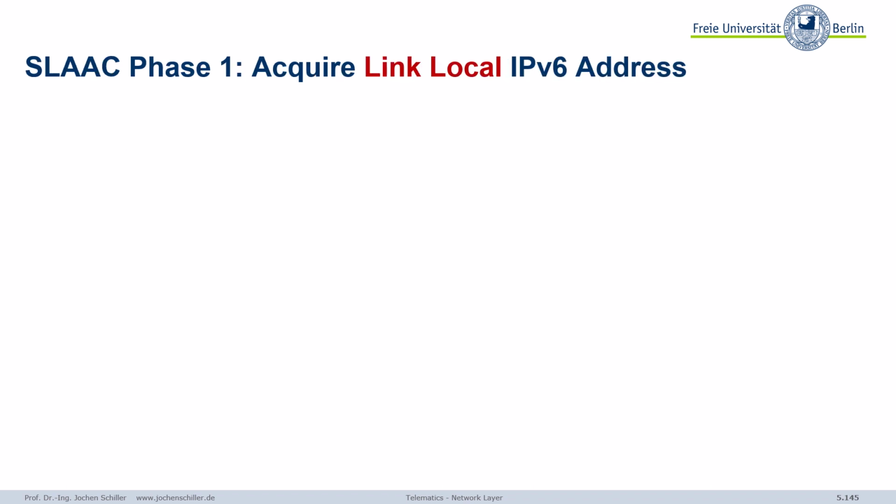Okay, so what else? So how do we get now our IP addresses? For this ARP equivalent, our solicitation, we assume, okay, we know the address, but how do we get the address? So how do we get our IP version 6 address? And also here we see there's a much smarter solution with IP version 6.